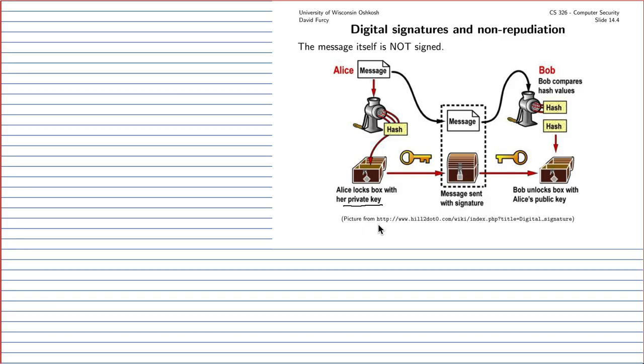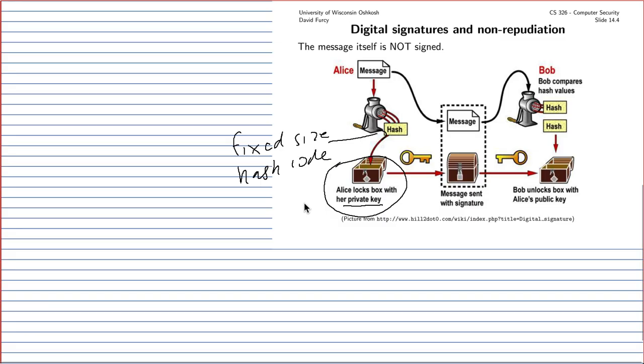The way this problem is avoided is, notice that the input to the encryption algorithm, which is the slow part, is only a small fixed size hash code. The message itself is not passed through the slow encryption algorithm.